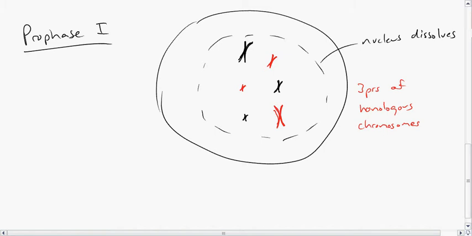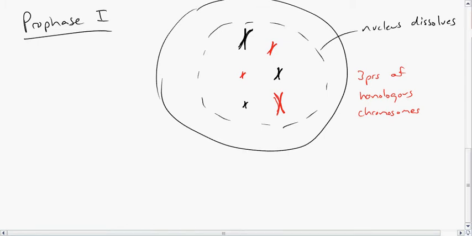All right, so that's prophase 1. Just to highlight, there's pair 1, here's pair 2, and here's pair 3. And in prophase they're just kind of randomly arranged inside of the cell, so it doesn't really matter where they are.